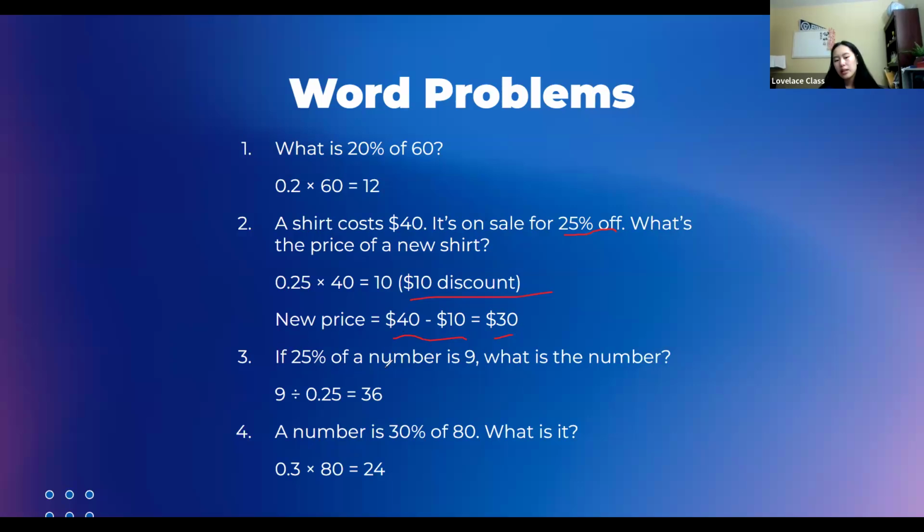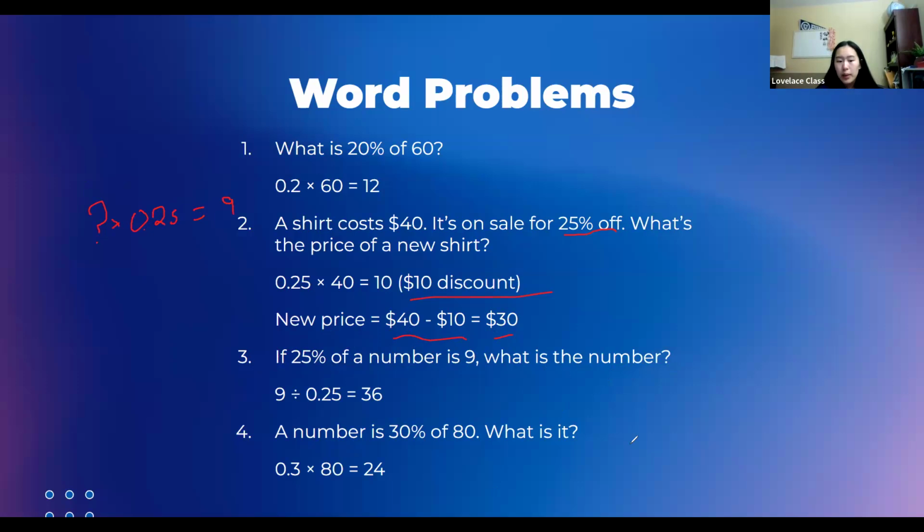And then this is another type of word problem that's pretty common. If 25% of a number is 9, what is the number? Well, how do you do this, right? You know that some number times 25%, which equals 0.25, equals 9.